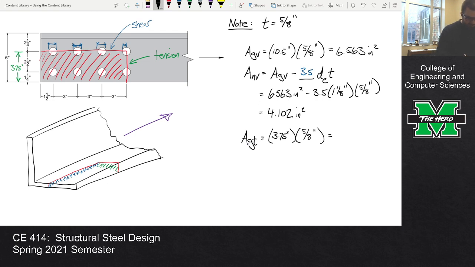And so what is 3.75 times 5/8? What are you getting? Let's do 3 decimal places again, just to make sure that we're all getting the same numbers. Again, I probably wouldn't be that specific in the real world, but 2.344.